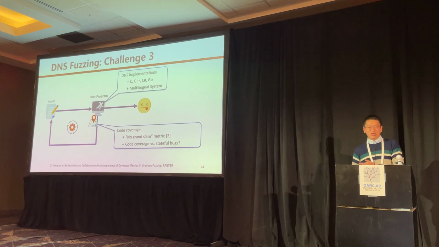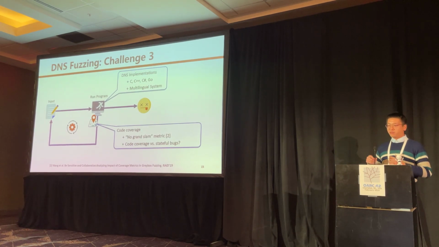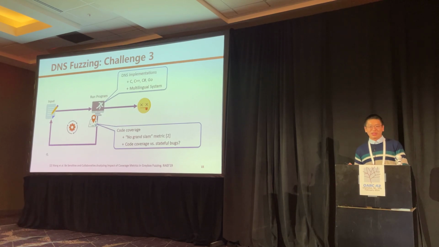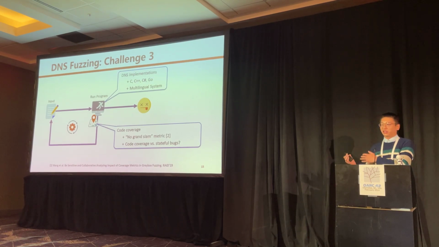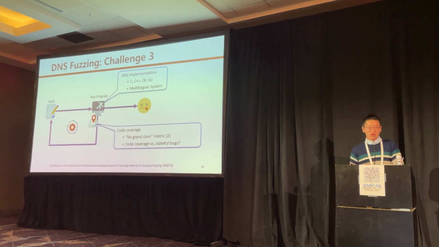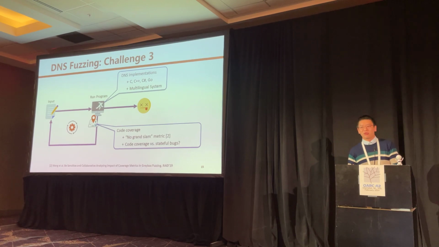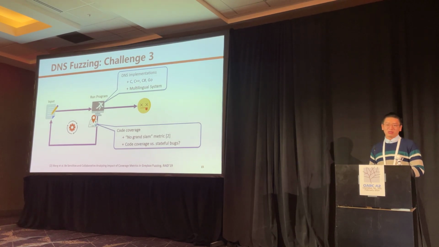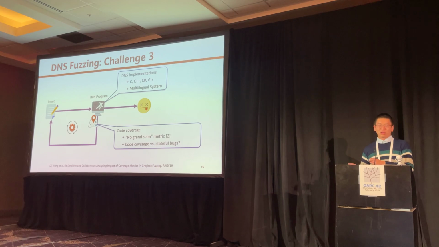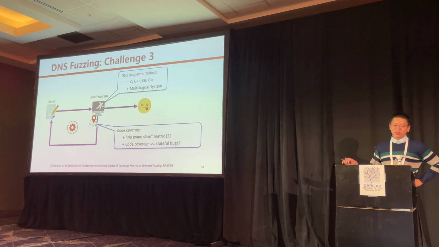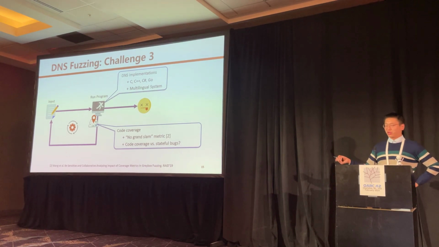And challenge 3 is that DNS is very fragmented. It is implemented in many systems and in many programming languages. So you cannot easily grab and use famous tools like AFL, because they are C and C++ based. And for code coverage, we have no grand slam metric.